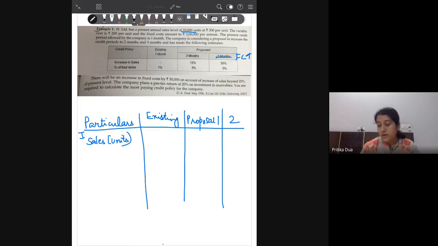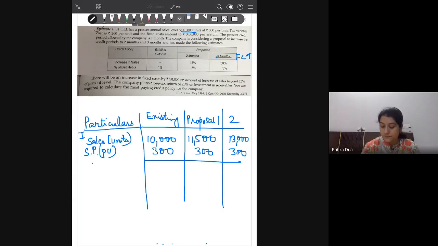So sales in units, so per unit cost is 300. 30 lakh.